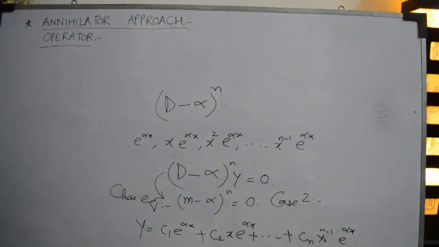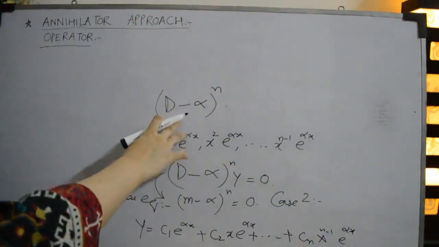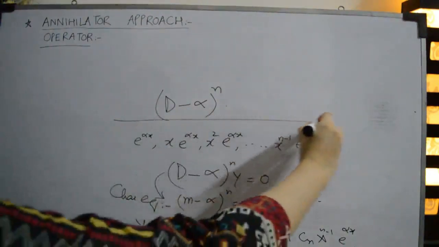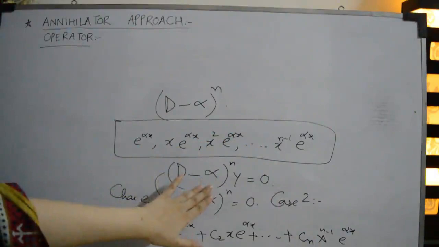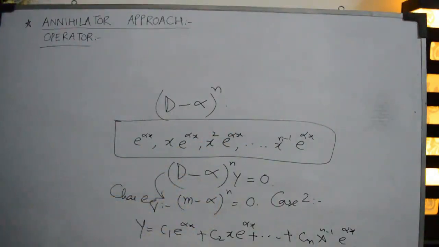That means this is the annihilator operator of these types of functions. So the homogeneous differential equation of these types of functions becomes d minus alpha to the power n into y equals 0.